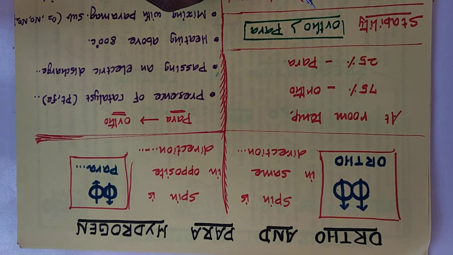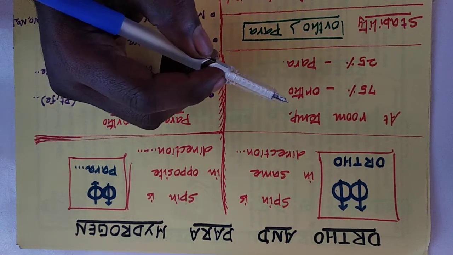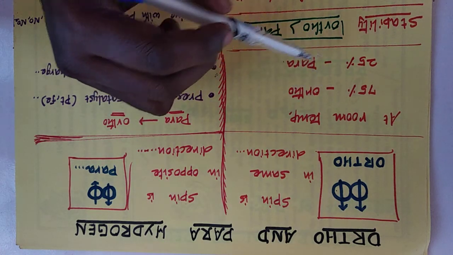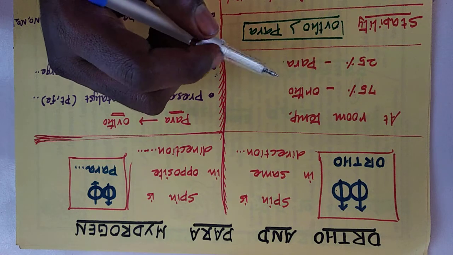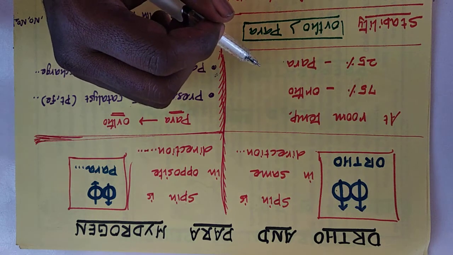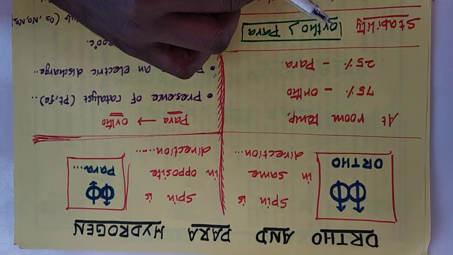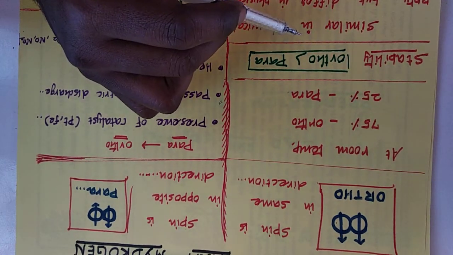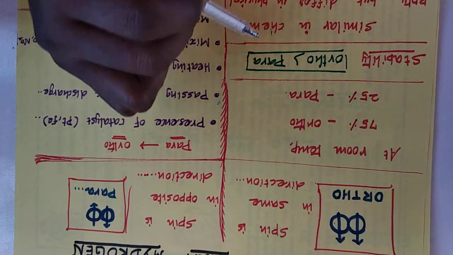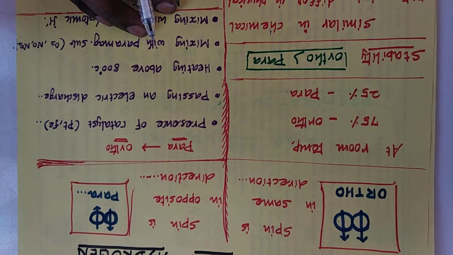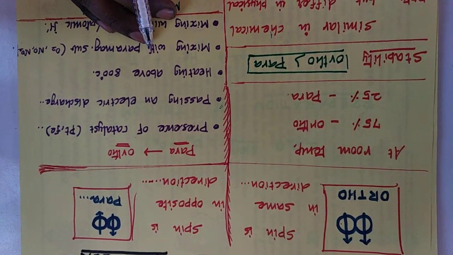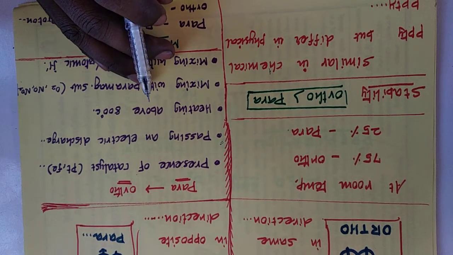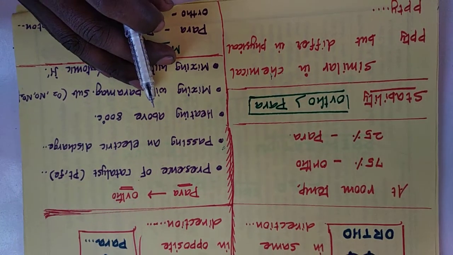Then their availability we can see now. At room temperature, about 75% ortho hydrogen and about 25% para hydrogen is present. And if we discuss stability, generally the ortho form of hydrogen is more stable than para hydrogen. And about the properties, these two, ortho and para hydrogens, are similar in chemical properties.